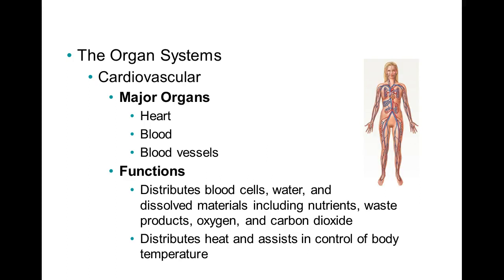Cardiovascular, we talked about this a little bit already, and that is your heart, your blood, and the vessels that the blood is carried in, so the arteries and veins. The main function of the cardiovascular system is to provide a transportation way for everything that it transports, like nutrients, waste products, oxygen, carbon dioxide. So if it's something that needs to get from point A to point B in the body, it's going to be dumped into the blood, it's going to be found in the blood, and it's going to be transported in the blood.